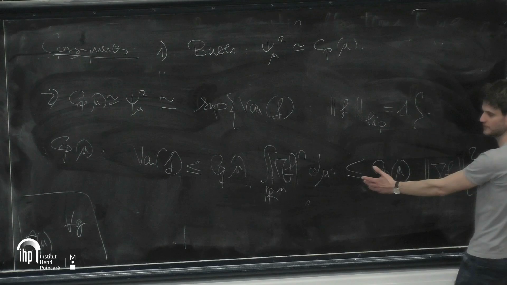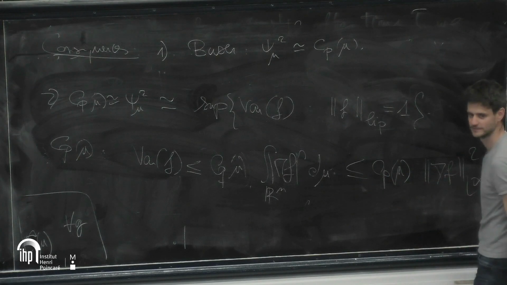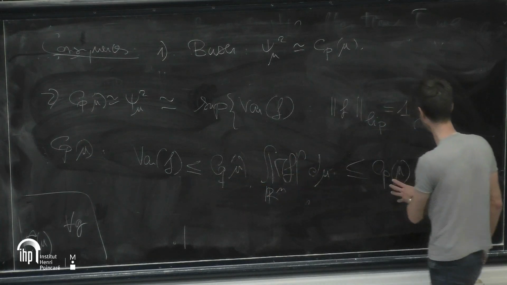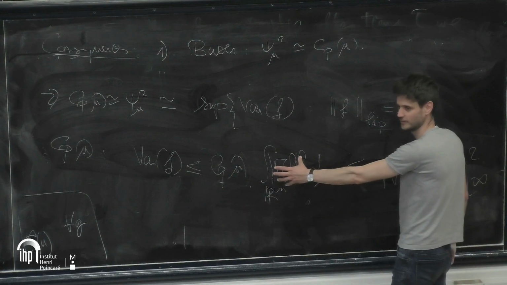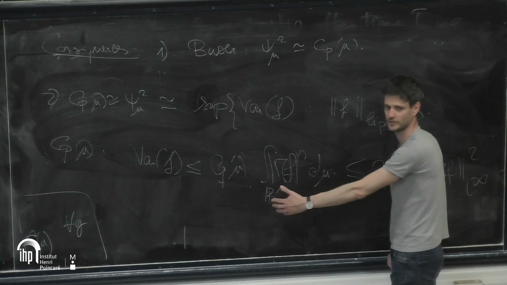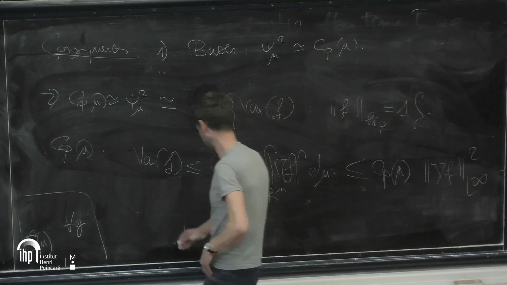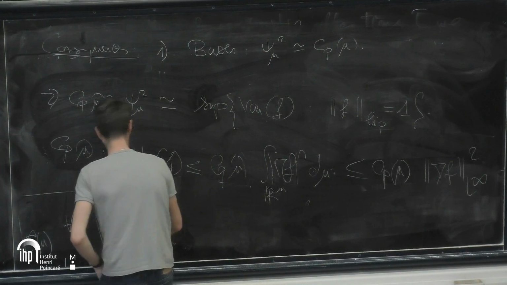You still get the same inequality up to a constant. So this is very helpful. When you want to prove Poincaré, you can upper bound this by the L infinity norm, and you still recover Poincaré. So this is very, very efficient, and this deep result is due to Emanuel Milman.